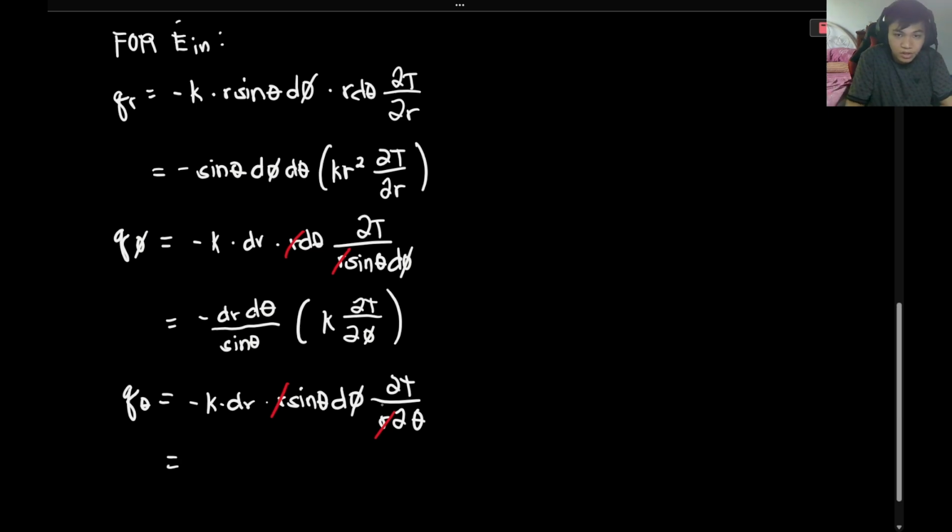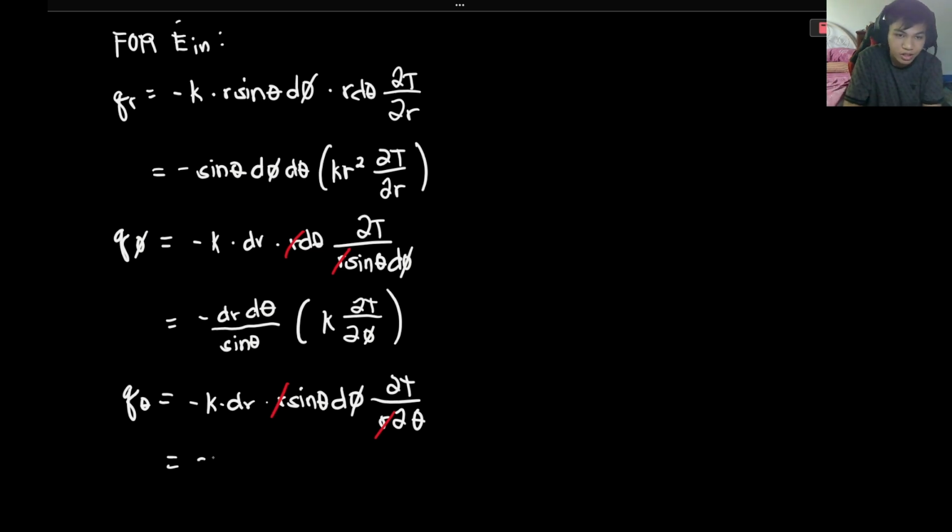And then, we put the k inside. And since we notice that it is in terms of theta, and sine is a function of theta, we also put it inside our partial derivative.